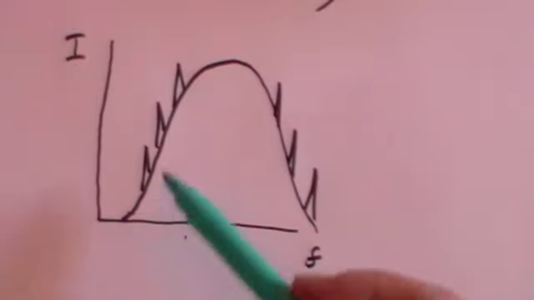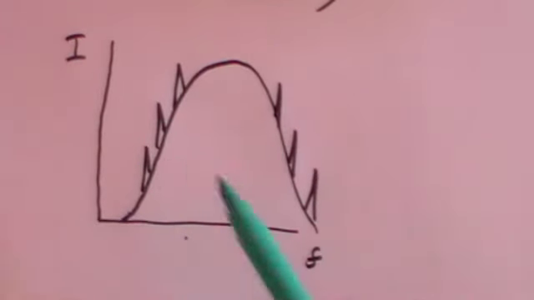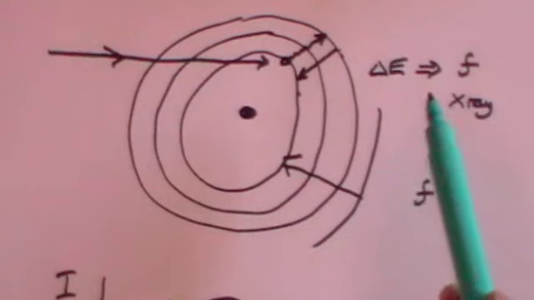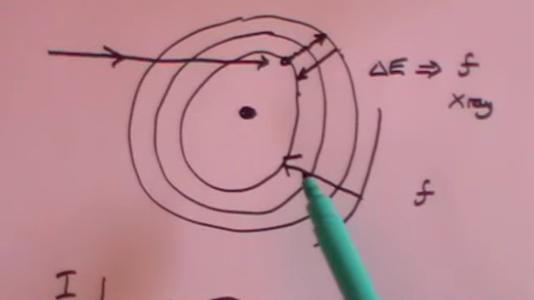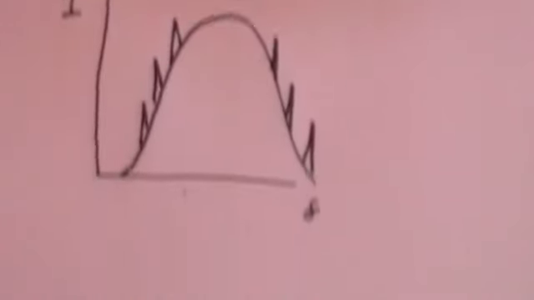So two types of X-rays are coming off: the smooth curve, which is the braking radiation, and then the added spikes, which represent the specific frequencies you get for quite specific electron jumps from a higher energy level to a lower energy level.